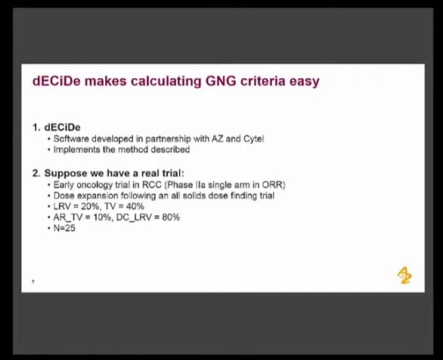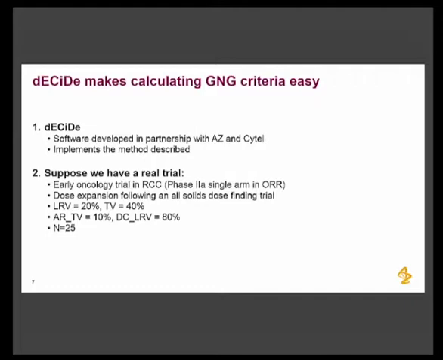of the Decide tool. Now, the Decide tool is a piece of software that was developed in partnership between AstraZeneca and Cytel, and it implements the method that I'm describing to you now. So to get to the example, suppose we have a real trial, and it's in early oncology, and many of you will get this, others not so much, but it'll resonate for early oncology.